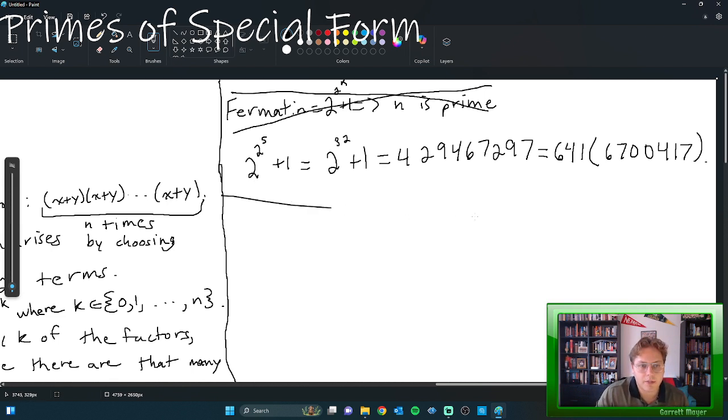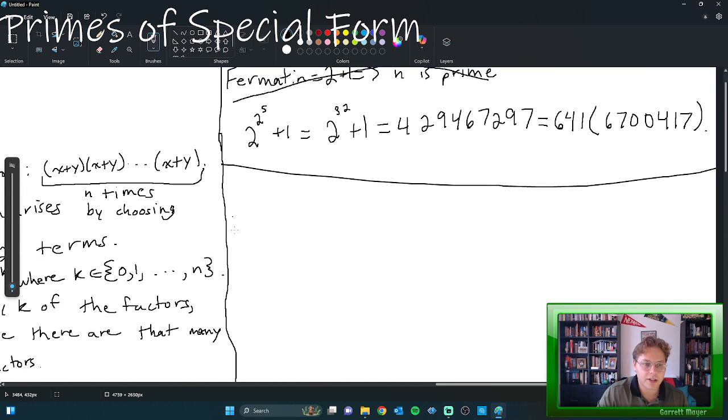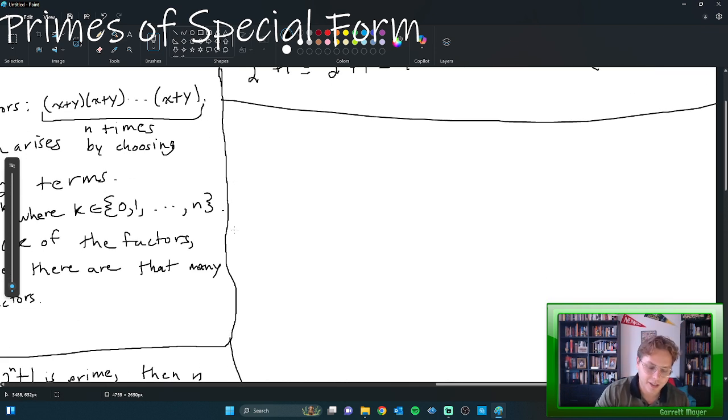So with all of this in mind, we can finally look at the way the book defines these prime numbers. They wait till the very end to define them.